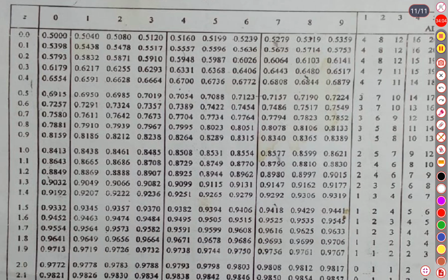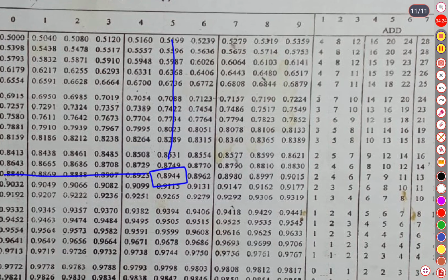So let us say this is 1.2, and then 5 is over here, and the row is this. That means this is our probability. Okay, then another 5, 1.25, then another 5 is over here.